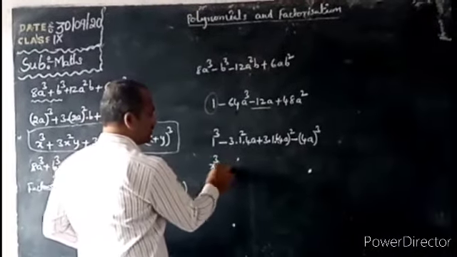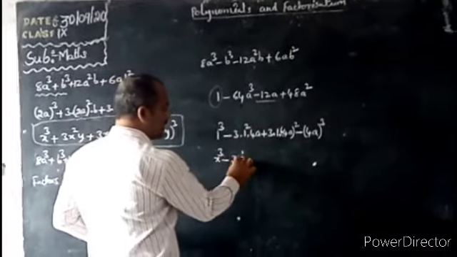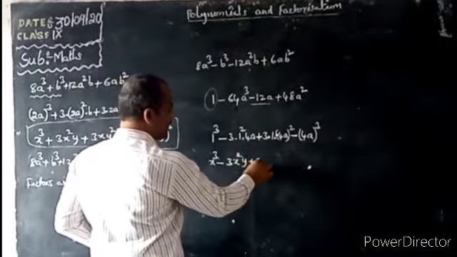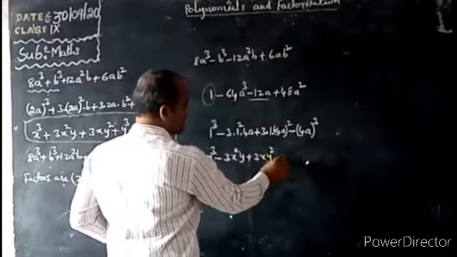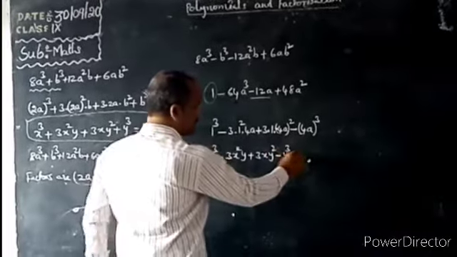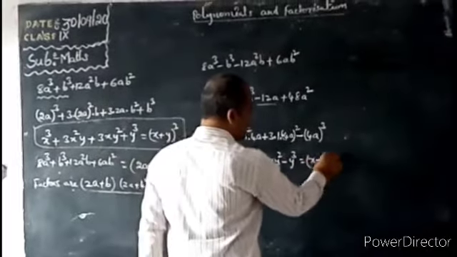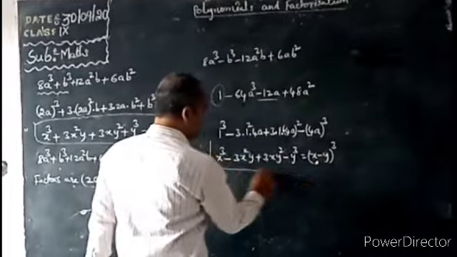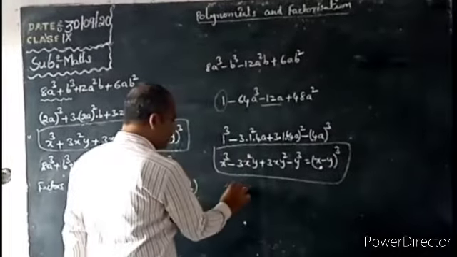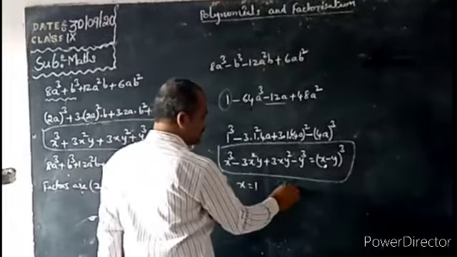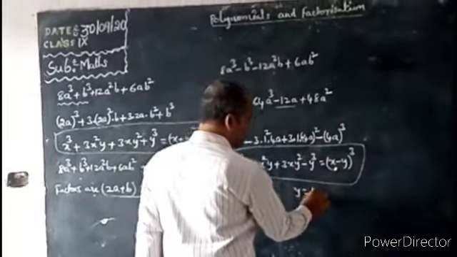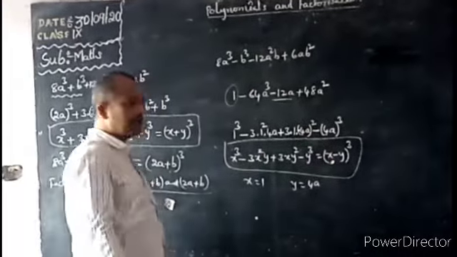x cube minus 3x square y plus 3xy square minus y cube is equal to x minus y whole cube. Here in the place of x you have 1, in the place of y you have 4a.